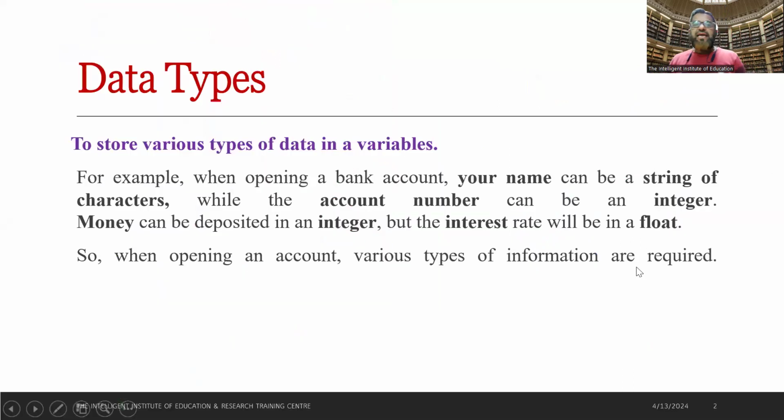Basically, data types store various types of data in a variable, right? For example, you are going to open an account in a bank. Your name will be a string, and your account number will be an integer.